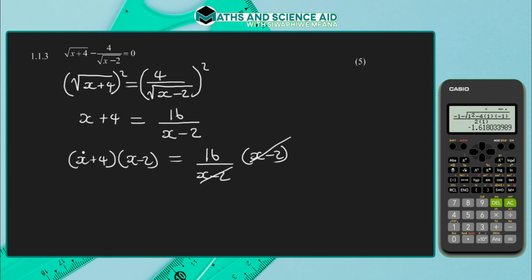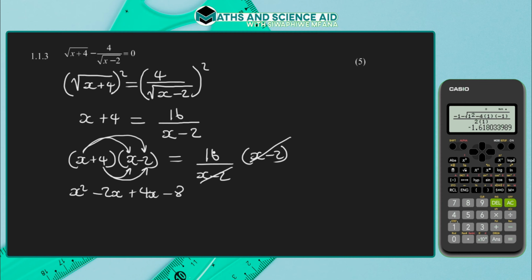To do that, we multiply x by x, which gives us x squared. And then we multiply x by negative 2, which gives us negative 2x. And then 4 into x, which is 4x. And then 4 into negative 2, which is negative 8.